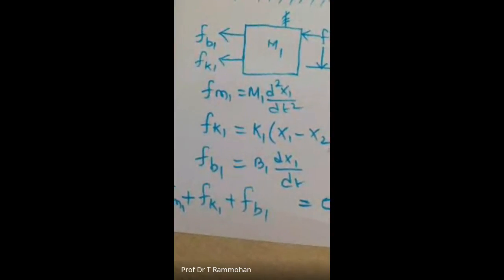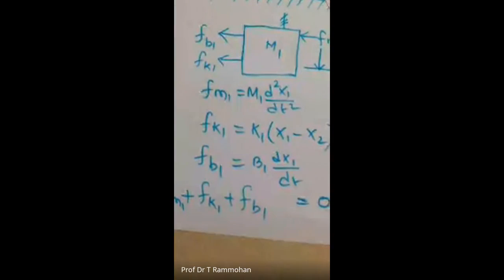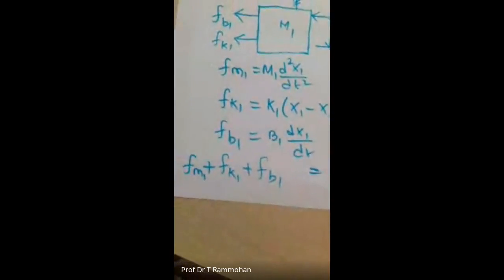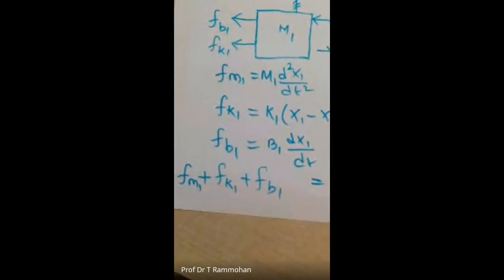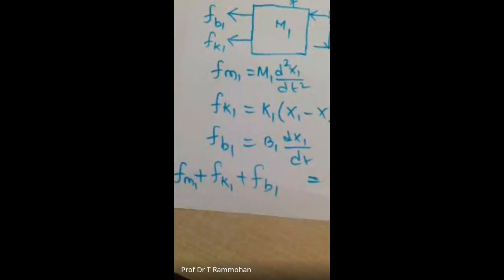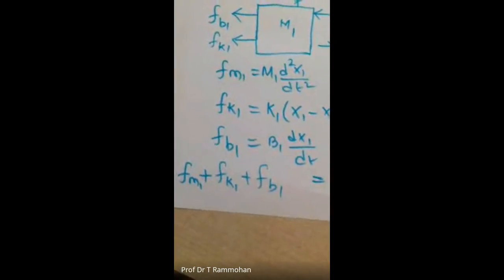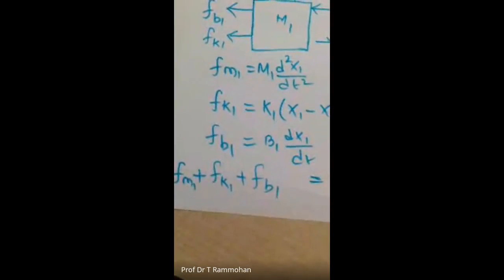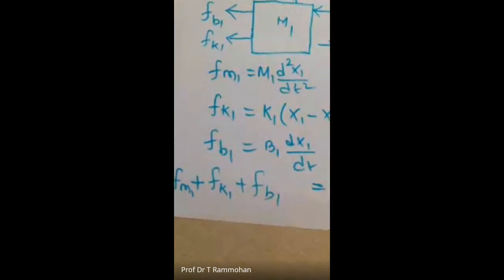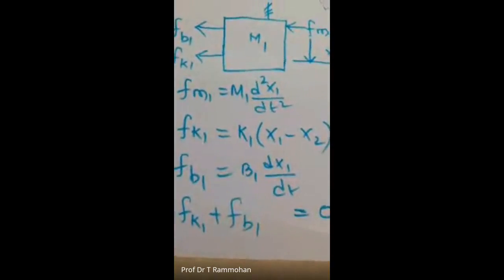So that's what we write using Newton's second law. Fm1 plus Fk1 plus Fb1 equal to 0, as there is no applied force. Okay? Right?